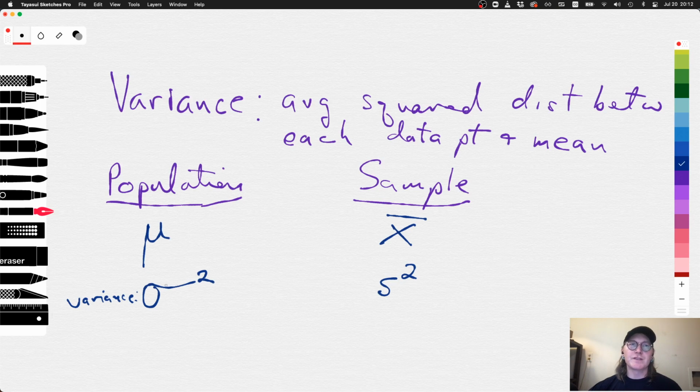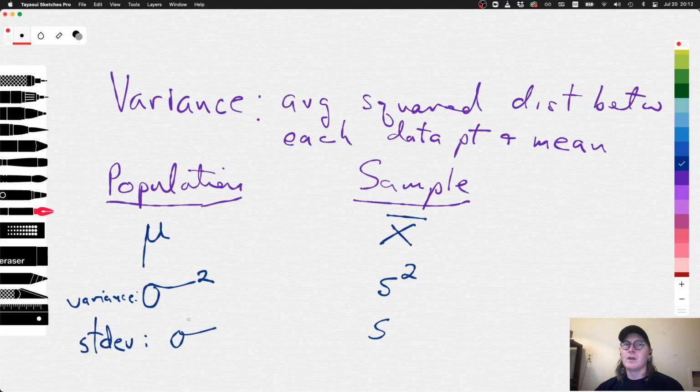So we have variance, and we have a squared in here, right? This is going to come back around in just a moment, but we want to think about variance and a related measurement called standard deviation. Whereas variance is sigma squared, standard deviation is sigma. Whereas variance is s squared, standard deviation is s.